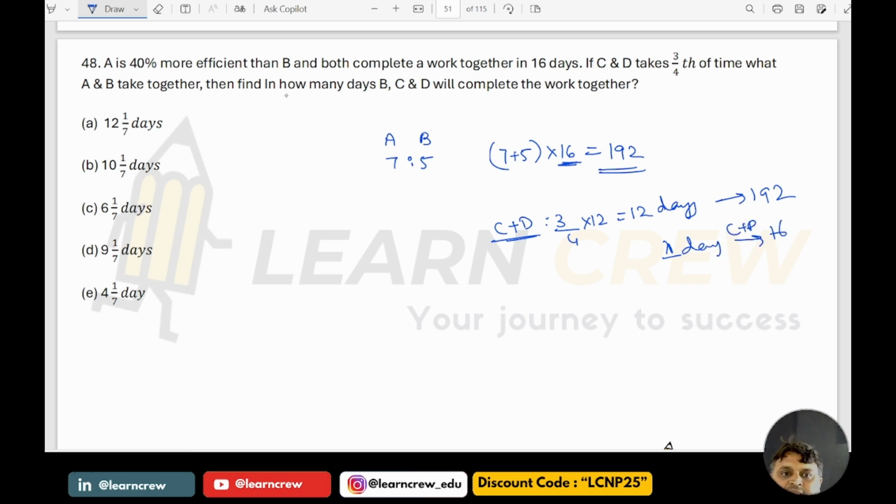Now find in how many days B, C and D will complete the work together. So here B's capacity is 5. C and D together is 16. 16 plus 5, how much? 21.